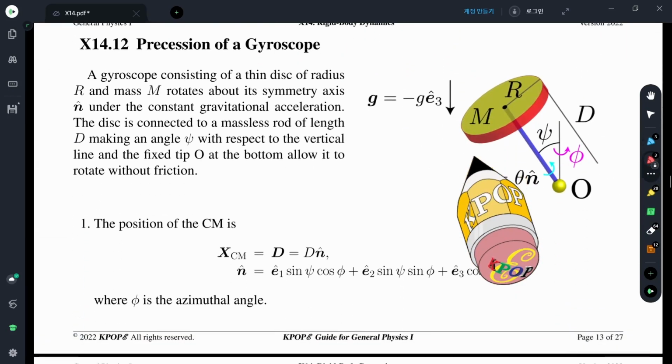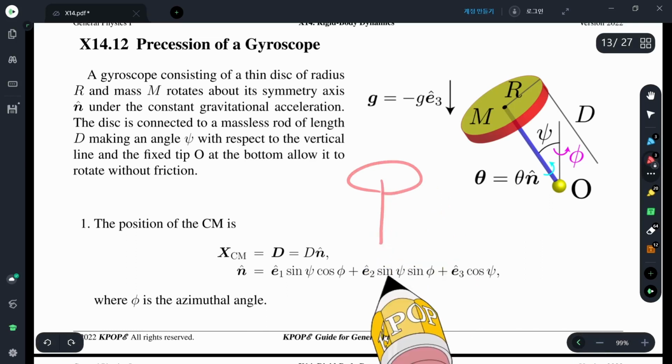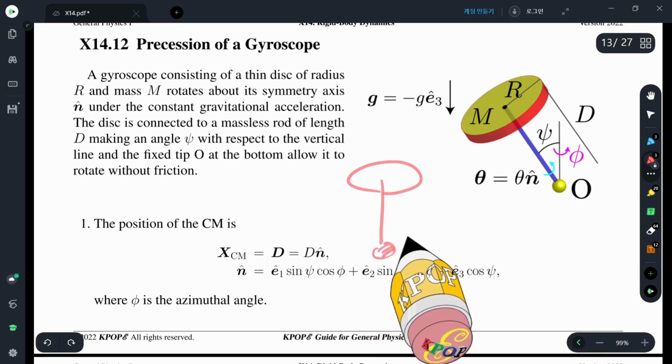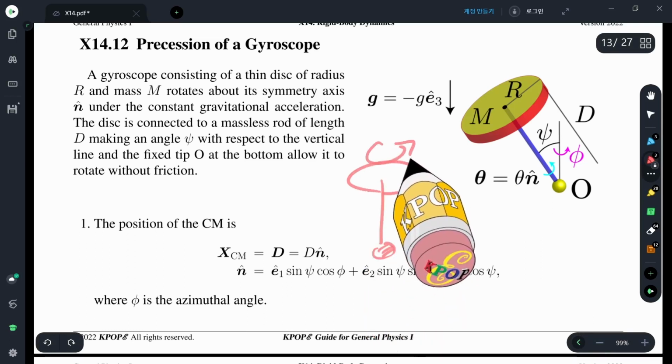Next, we consider a precession of a gyroscope. Gyroscope is a kind of top, and you have played with top when you were children. And normally, if it is rotating very fast, it stands up still and rotates very fast.